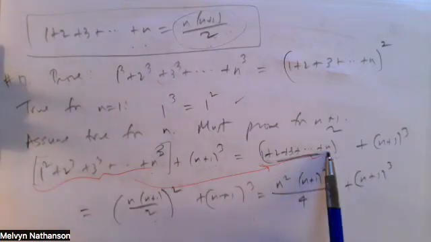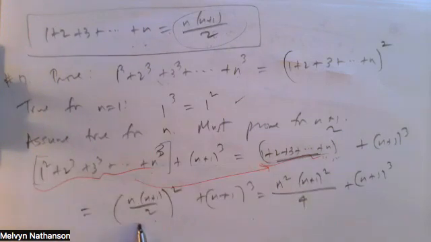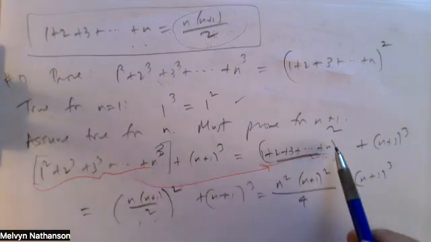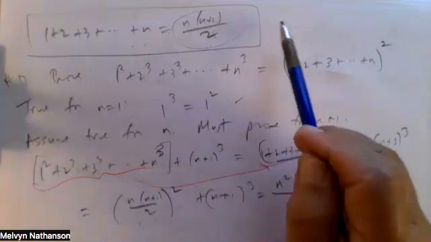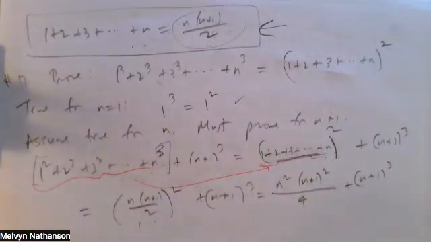So I can replace this by n times n plus 1 over 2. I got from here to here by using this previous result. And when I square this, I get this. 2 times 2 is 4.